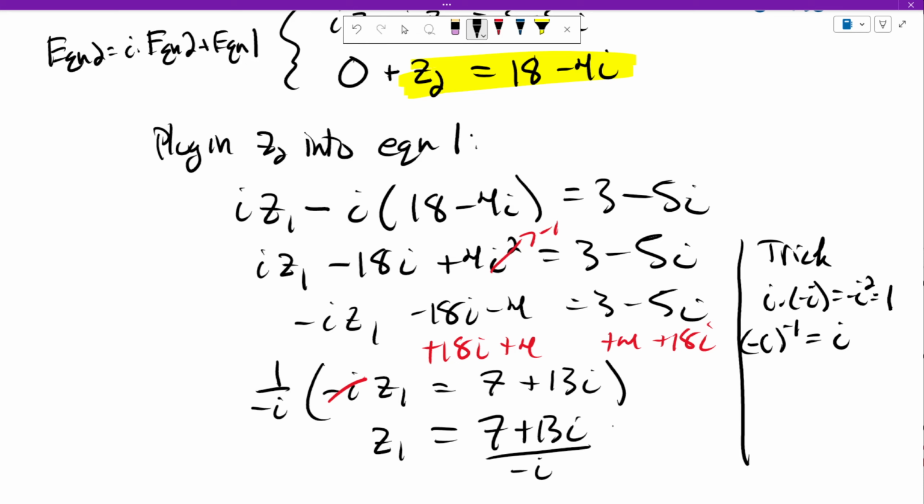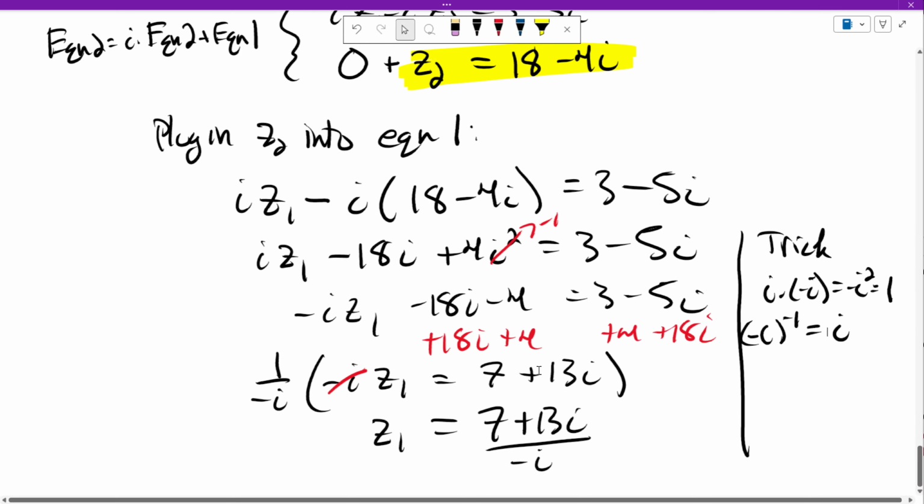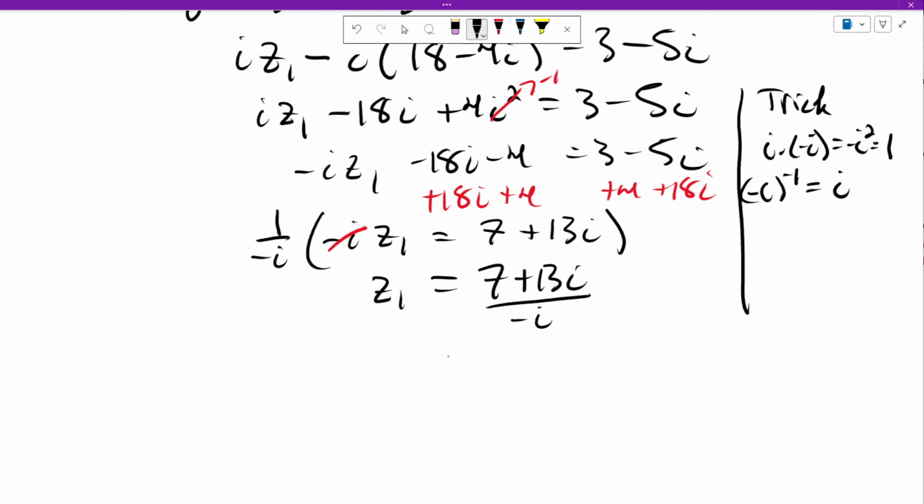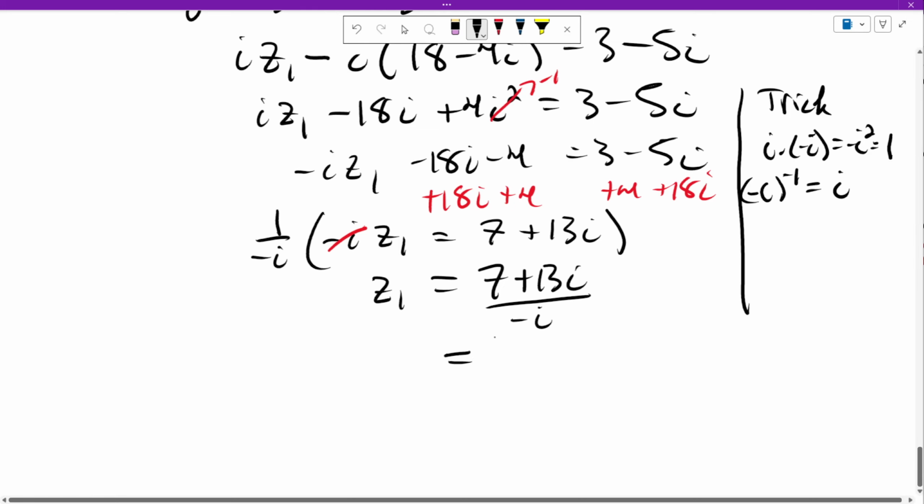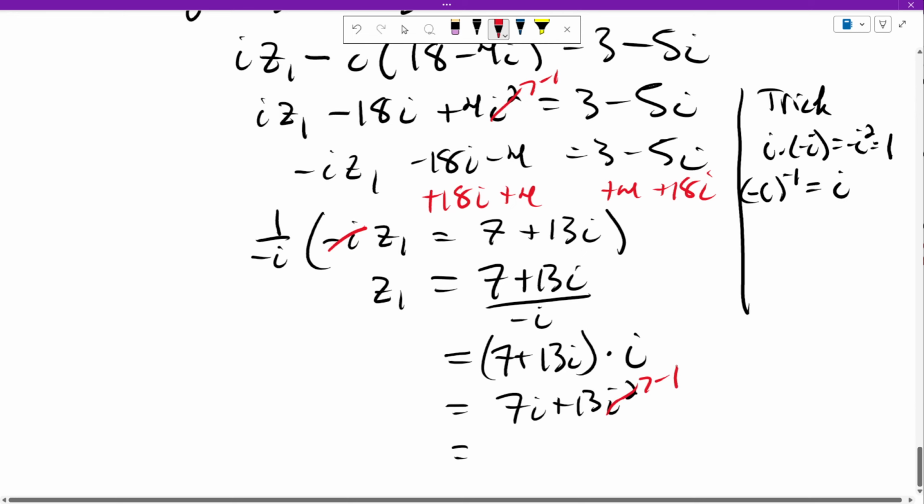So really here, we could go ahead and rationalize and do all that stuff, and you get the same answer. But really, dividing by negative i is the same as multiplying by i. And so we get 7i plus 13i squared. i squared is negative 1. So that gives us negative 13 plus 7i if I write the real part first.